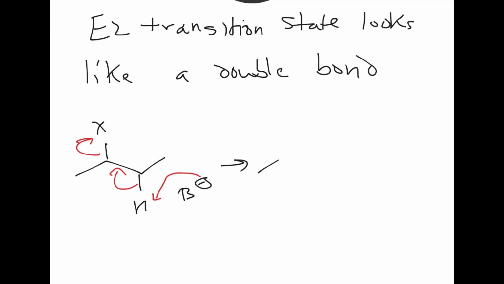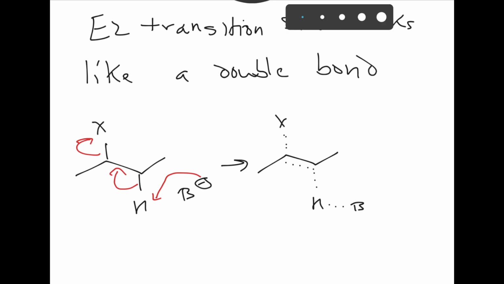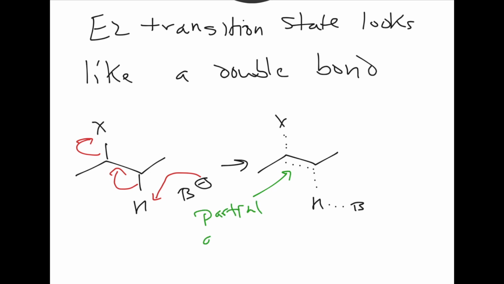But the transition state has a partial double bond in it. Right, so we're starting to form our double bond. And the more substituted the double bond, the more stable it is. So our transition state has a double bond in it, right?